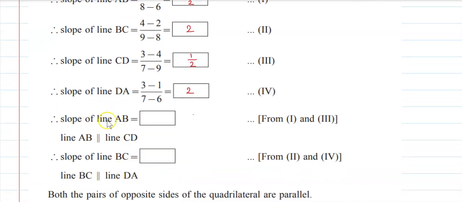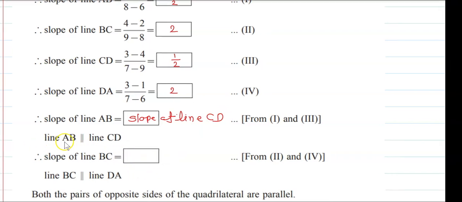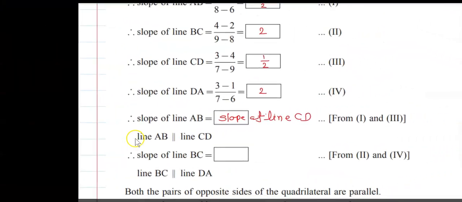Therefore, the slope of line AB is equal to the slope of line CD. Therefore, line AB is parallel to line CD.